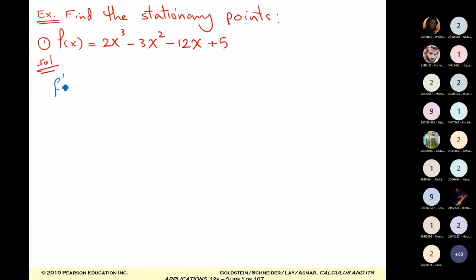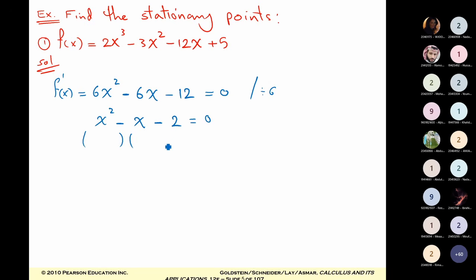we need to find f prime. This equals 6x squared minus 6x minus 12, and this is equal to 0. Okay, so we need to solve f prime equals 0. Divide the whole equation by 6. We have x squared minus x minus 2 equal 0. So we have the factorization like this.